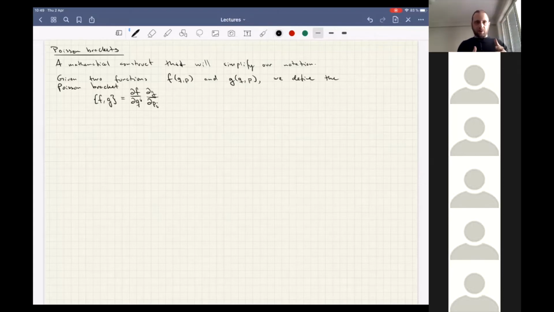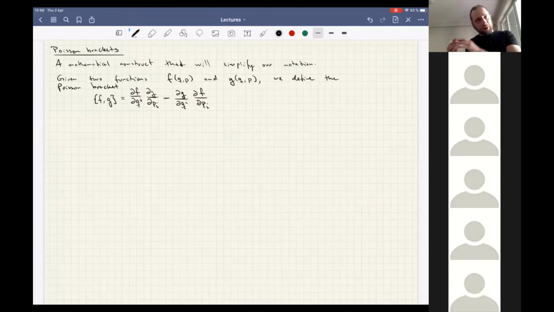And remember now that we're using the summation convention, so that here we have a sum over i. Minus the opposite thing, so the derivative of g with respect to qi, times the derivative of f with respect to pi. I'm sorry if you hear a lot of noise. There's a truck going just outside the window. But this is the definition of the Poisson bracket, and we're going to see how we can use this.